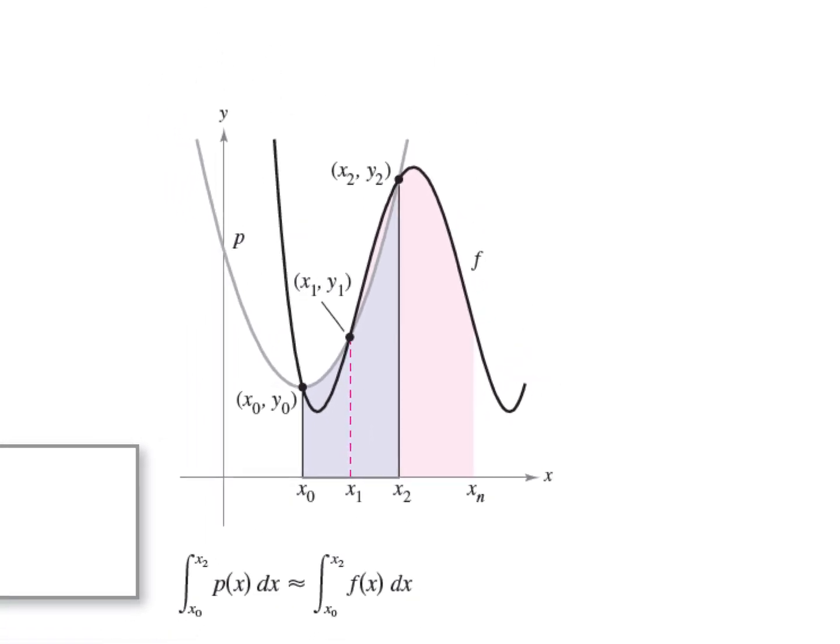And you're going to basically pick 3 equally spaced x values. These 3 x values essentially would define 2 trapezoids if we were using the trapezoidal rule. But these are not trapezoids. What we're going to use instead is a parabola. So I'm going to highlight this dotted parabola here.